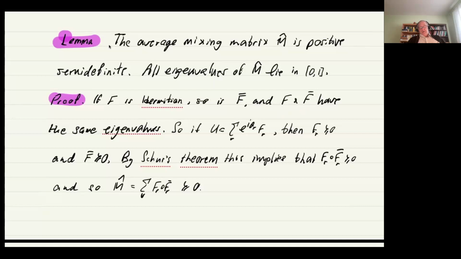So if U has the spectral decomposition, then F_r is positive semi-definite and F_r bar is positive semi-definite. By Schur's theorem, or one of the Schur's theorems, the Schur product of two positive semi-definite matrices is positive semi-definite. So this is positive semi-definite, and therefore this sum is positive semi-definite, and so that proves that M hat is positive semi-definite.